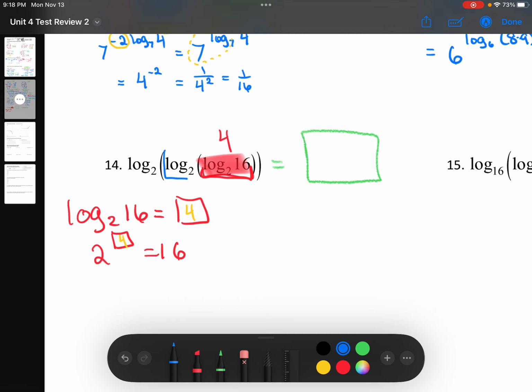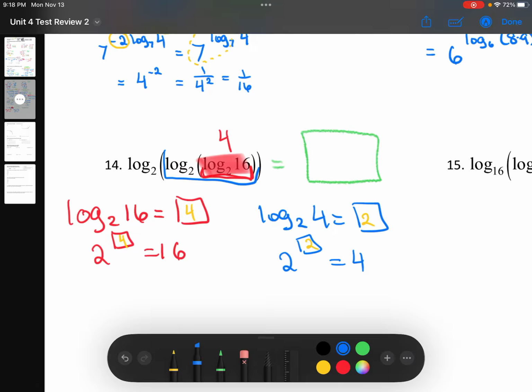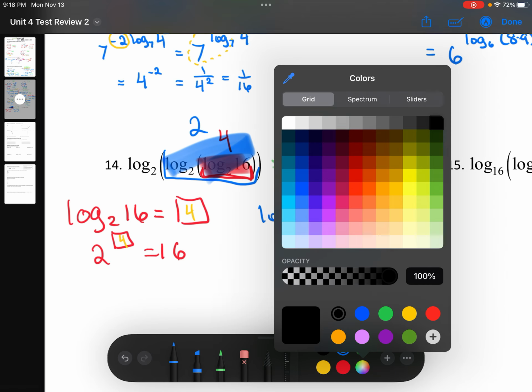Now, do the next piece. Log base 2 of 4 equals something, which means 2 to some power is 4. We know that 2 squared is 4. So log base 2 of 4 is 2. So we replace this whole thing with the value 2.